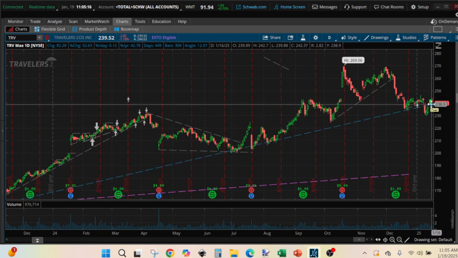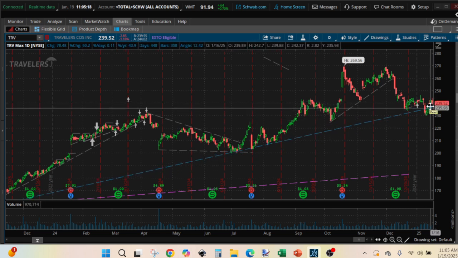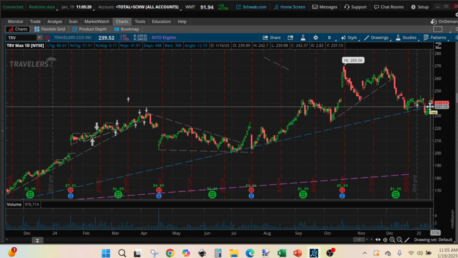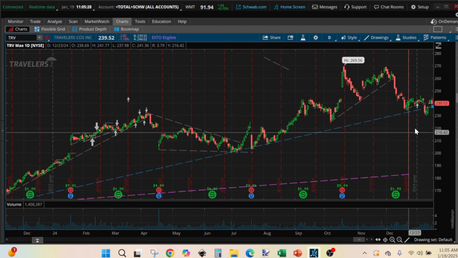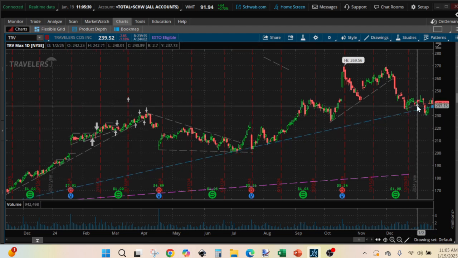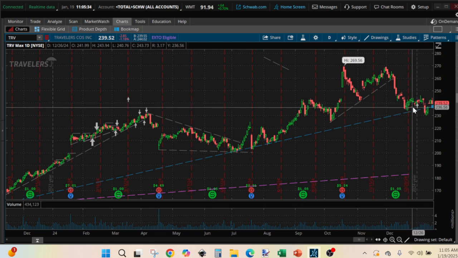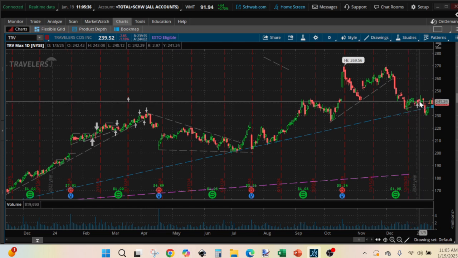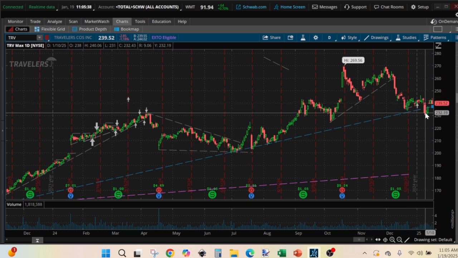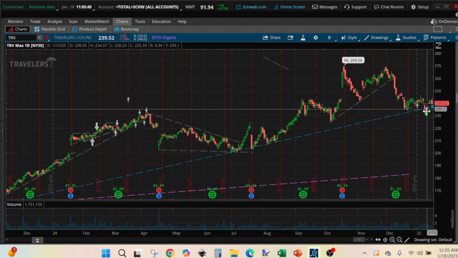And a little bit below. Okay, let's just leave it be. But yeah, we bought it there. After we have one higher low here, and after that it pulled back on us and started creating a higher low here.